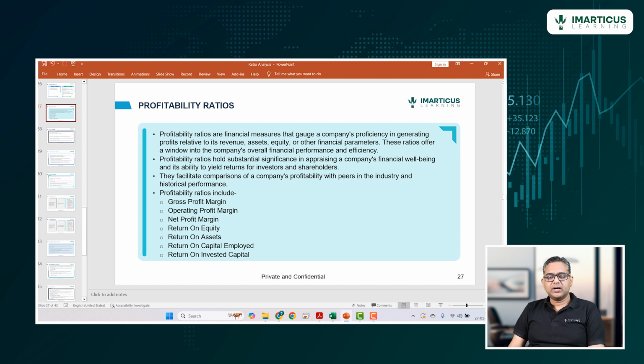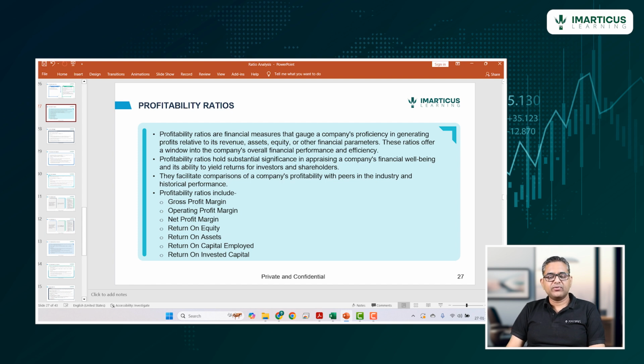Profitability ratios are financial measures that gauge a company's proficiency in generating profits relative to its revenue, assets, equity, or other financial parameters. We were talking about revenue, but it could be with respect to assets. What are the returns you are generating with respect to equity or other financial parameters?